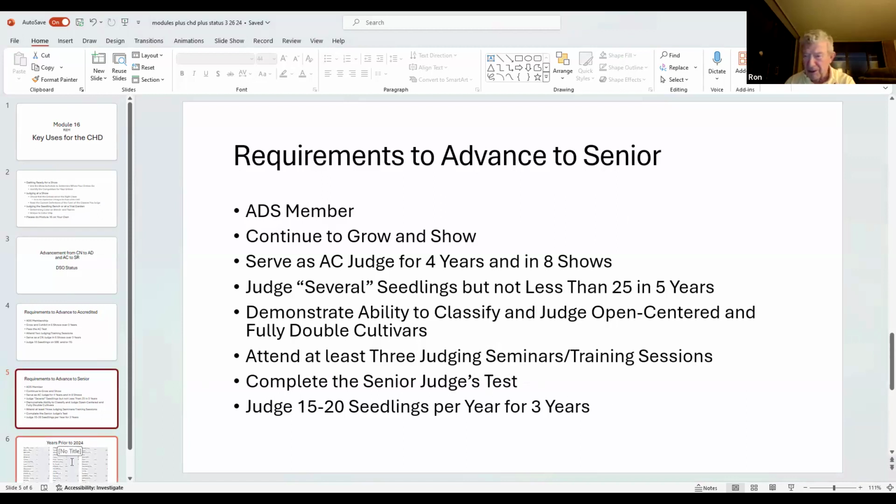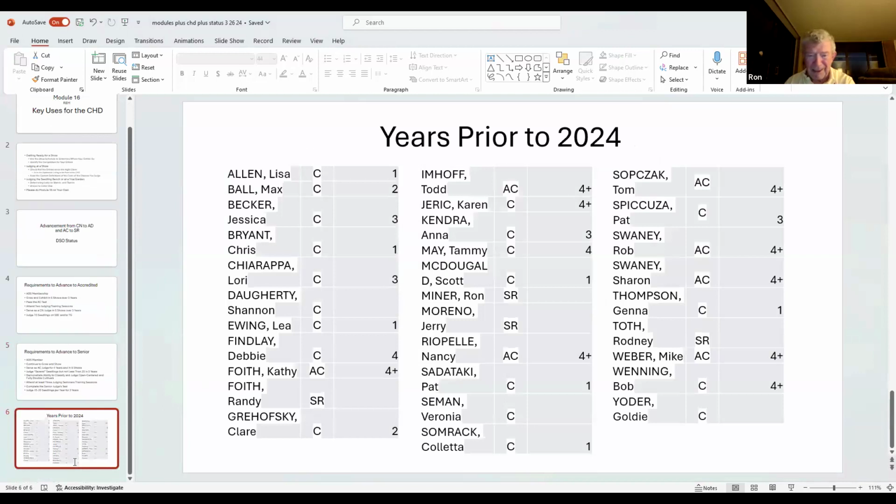Okay, then maybe the key point is where are we? So what I did was to go back and look at how many years I've had us in the books prior to 2024.